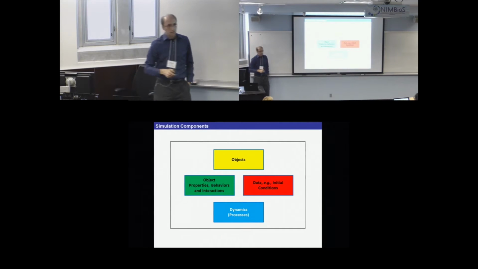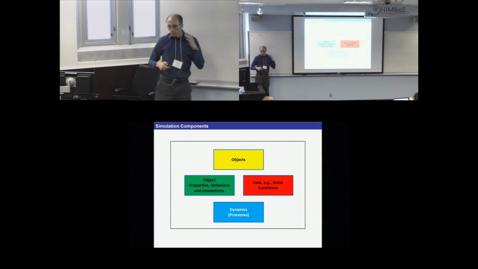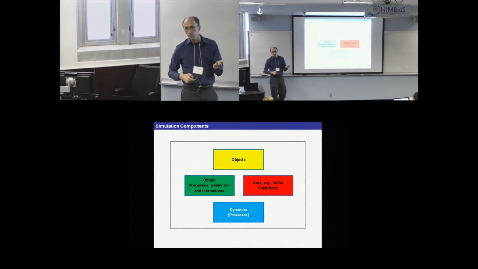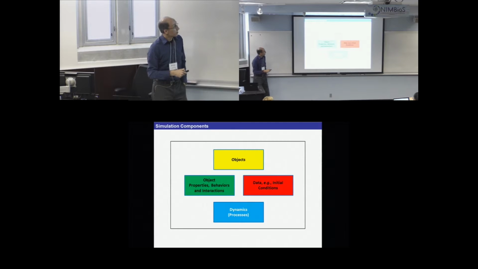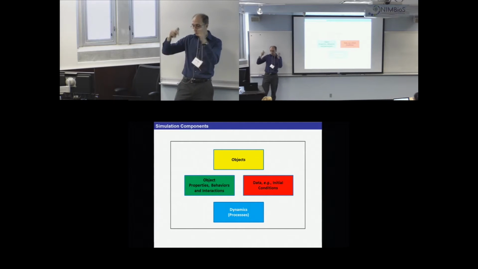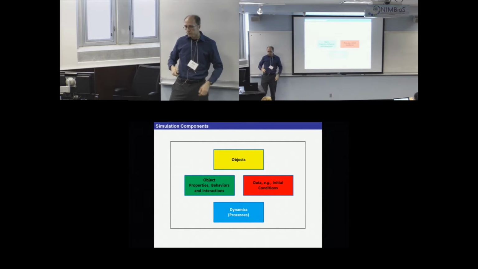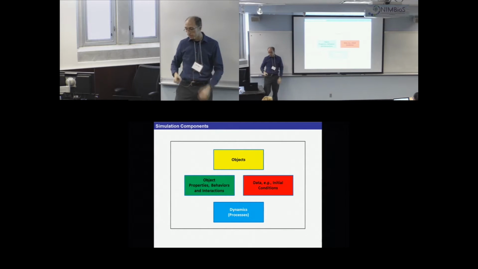So let's talk about how we construct our simulations. What are the simulation components? We deal with objects, and objects can be cells, can be fields, can be extracellular matrix. I think that's more or less the summary. And objects have behaviors, okay? Cells can have properties: volume, surface, the Young modulus. The fields can have diffusion constants, and they can interact with other fields.